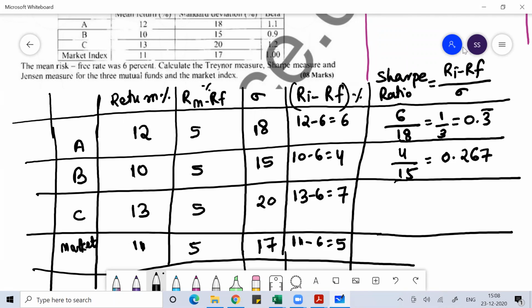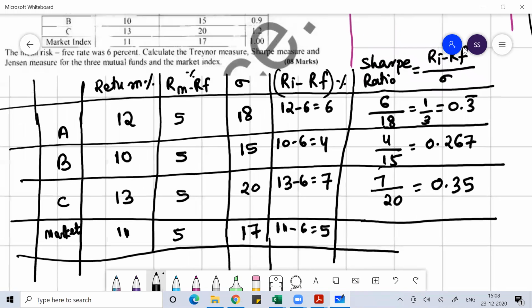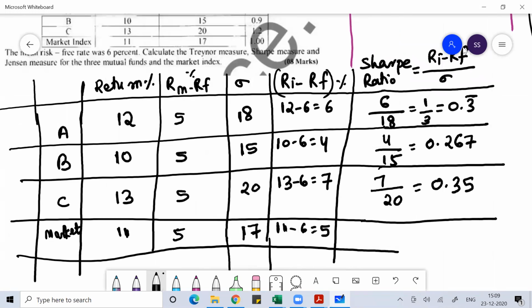Then this is 7 divided by a standard deviation of 20, so this is 0.35. And this is 5 divided by 70, so about 0.29. I think we will get the answer. See this, everyone. Anyone have any doubt, ask me.